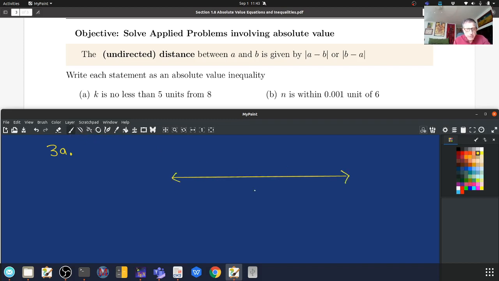And I will freehand this part. So this is 8. So we have some value K that is no less than 5 units from 8. So that means if I go out, that's 5 units.